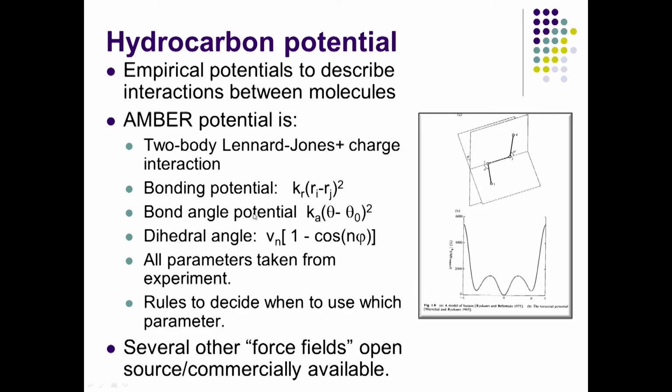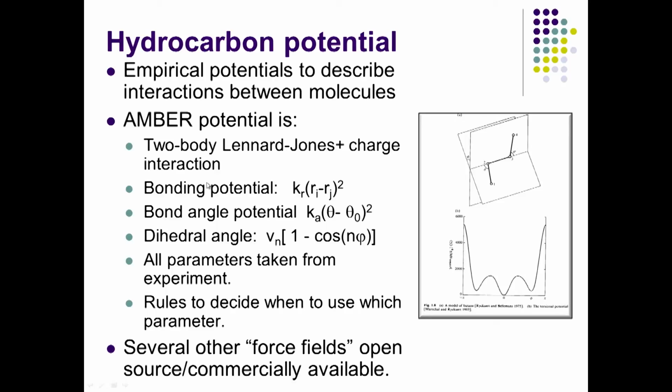So, the bonding potential is Kr times Ri minus Rj squared, and the bond angle is Ka. These are all different force constants. Two-body Lennard-Jones plus charge interaction is for intra, and intermolecular are all these different dihedral angles and their force constants.